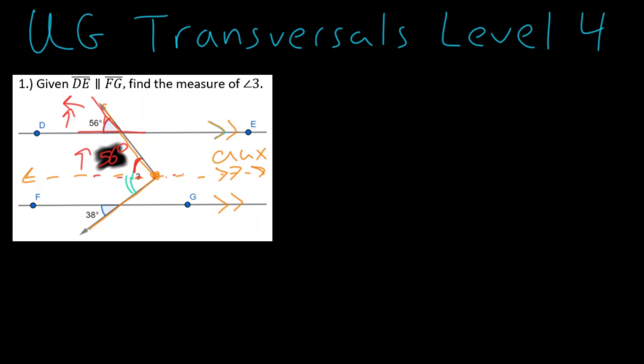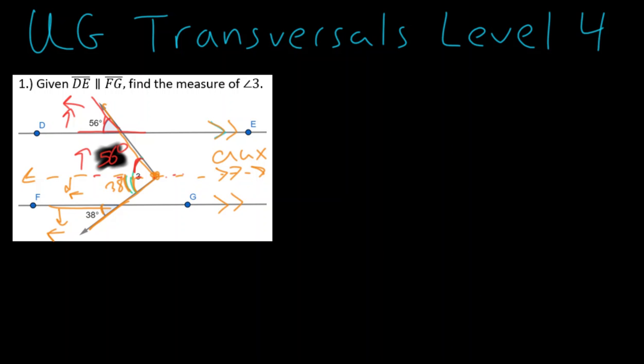Down here we can use similar reasoning. This green angle right here, which I just turned orange, is below the dashed line and to the left. And this angle 38 is below this solid line and to the left of that transversal. So this 38 must also be corresponding to the bottom half of this angle.